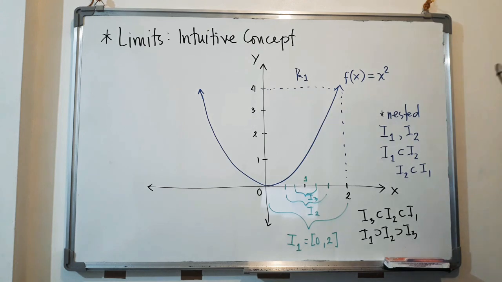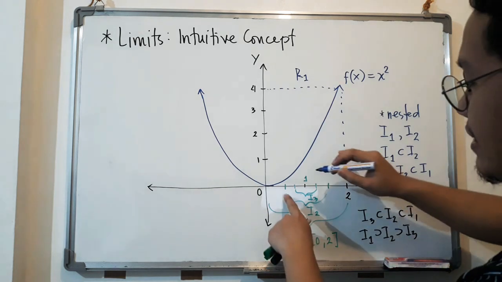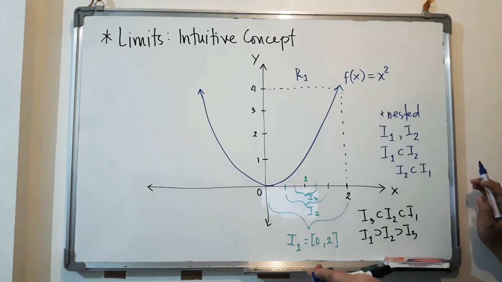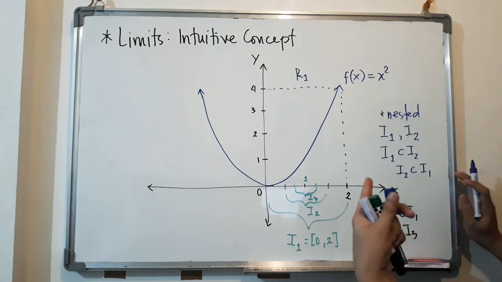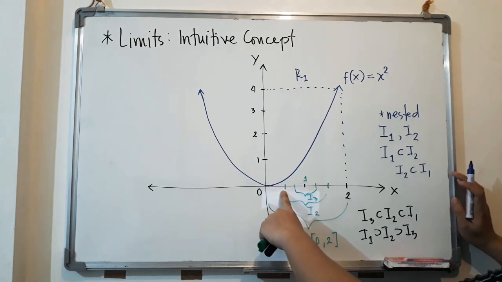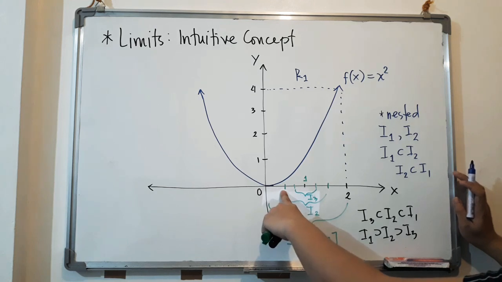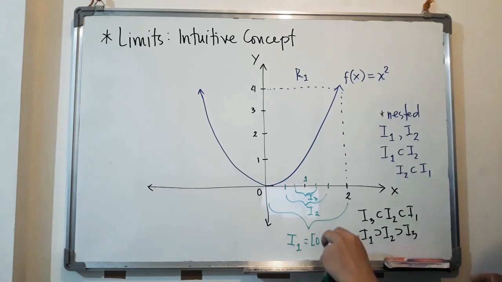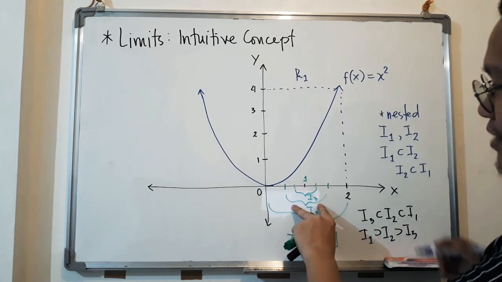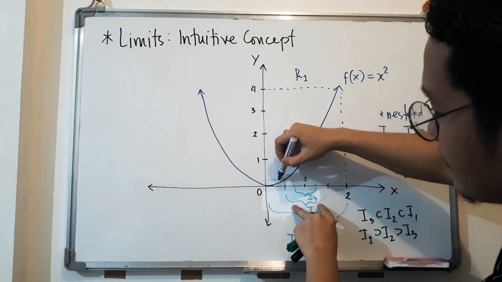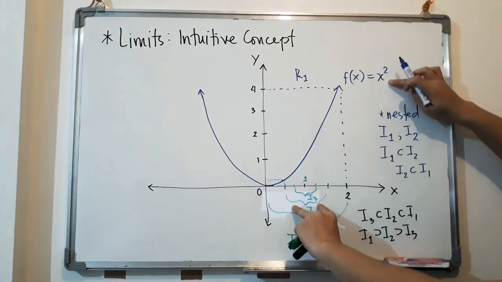How about if we take the interval I sub 2? Since we use closed intervals, this endpoint is included in the set. So this is the infimum in real analysis. The infimum of I sub 2 corresponds to this value of the function.